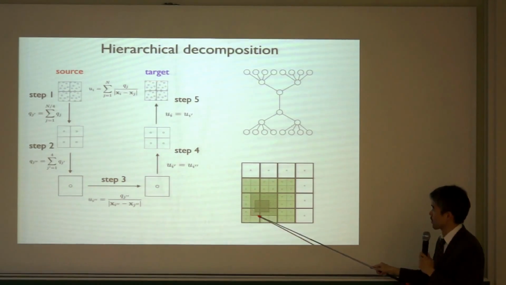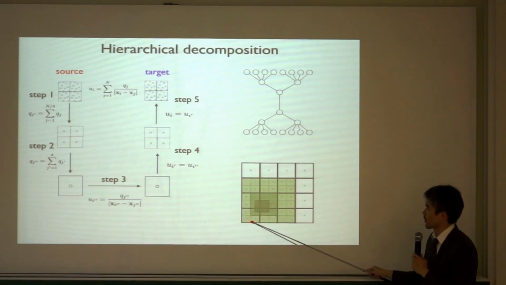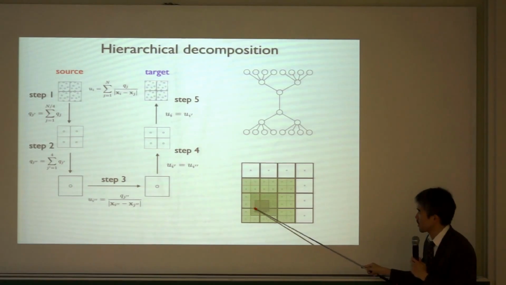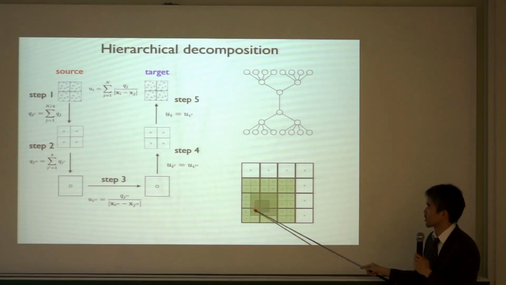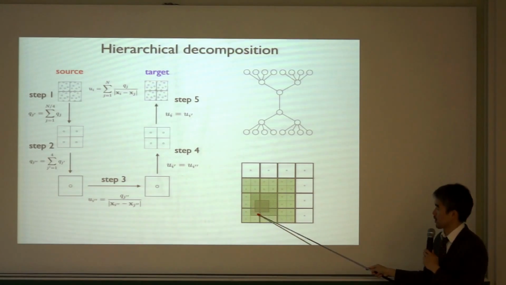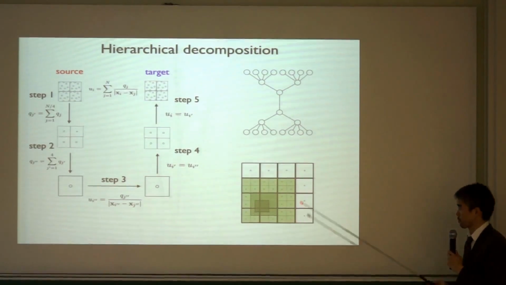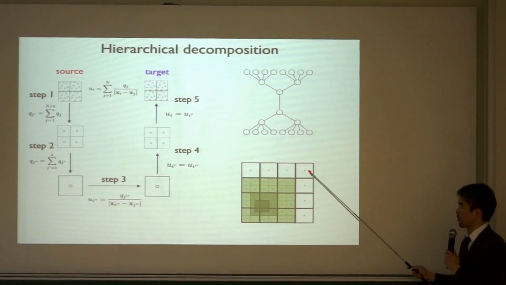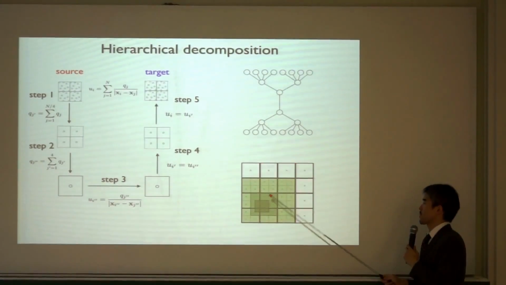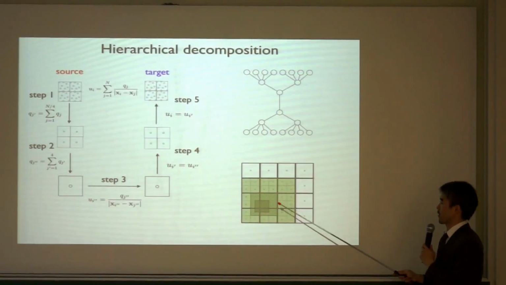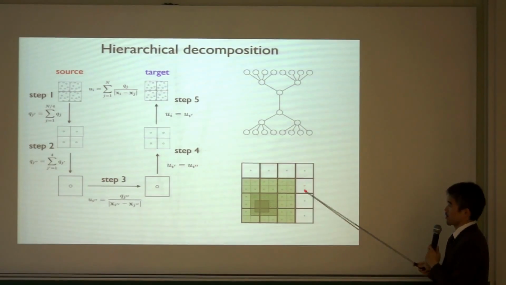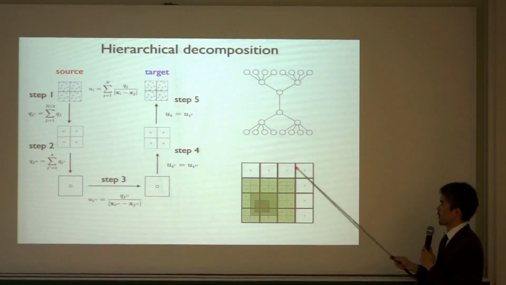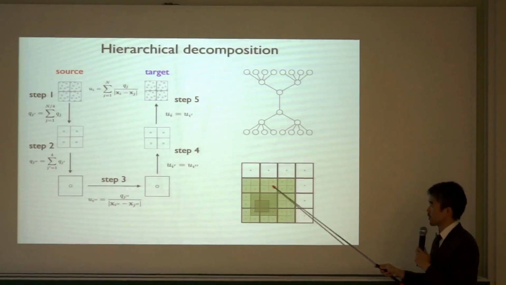And further down the tree, you calculate against these boxes. And then at the bottom, you calculate against the particles directly. At each level, think of how many points you're interacting with. It's a constant.